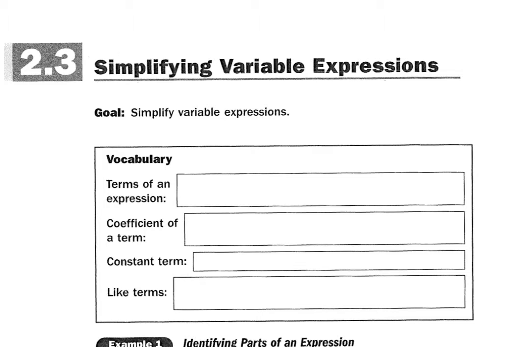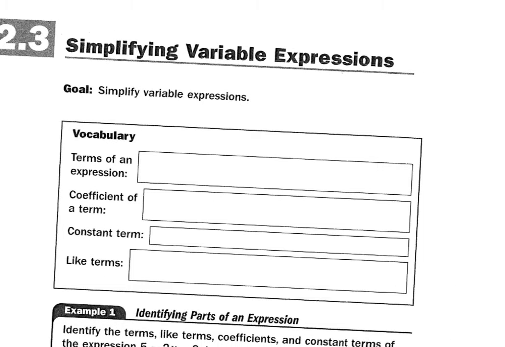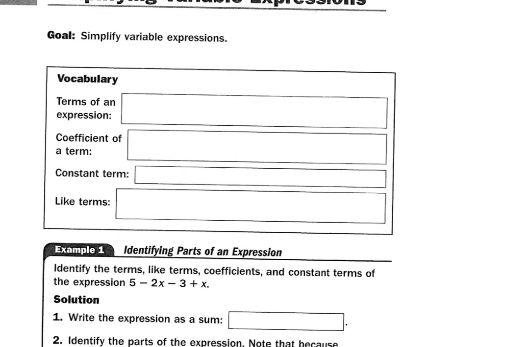Okay, so lesson 2.3 is simplifying variable expressions. So terms of an expression are the parts of an expression that are added together.